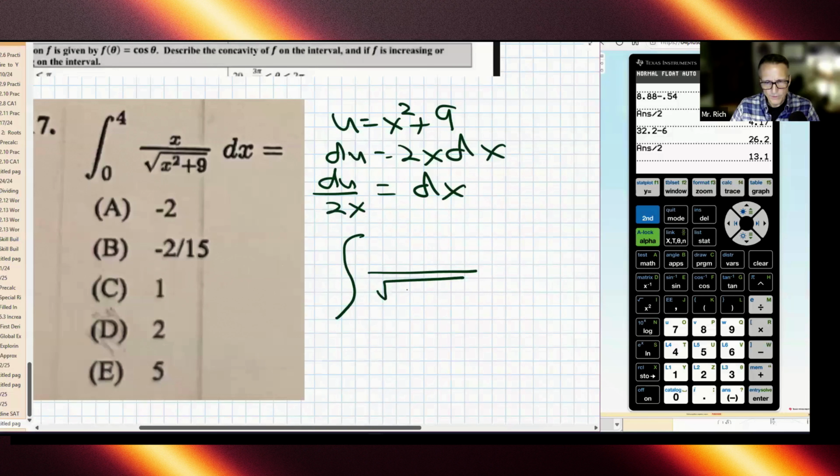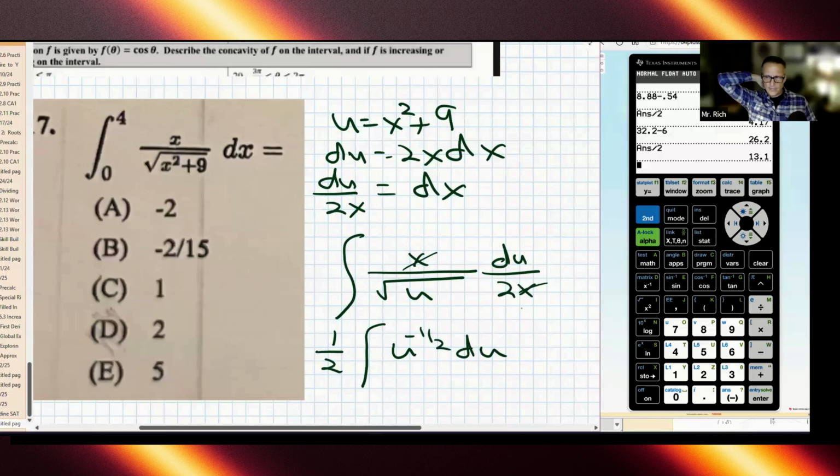This will be the square root of u. There is an x right here, but the dx gets replaced with du over 2x. The x's are gone. I do have a 2 in the denominator that I will pull out as a 1/2. I will call that u to the minus 1/2 du, because I used the negative exponent rule to bring it up as a u to the 1/2.